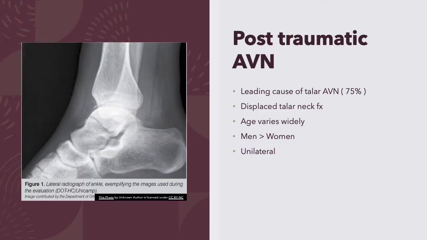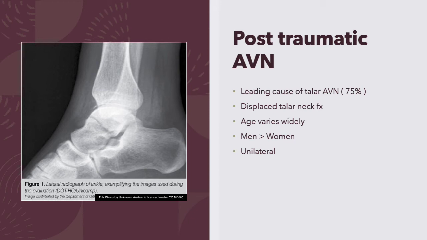The leading cause of avascular necrosis of the talus is post-traumatic and most often associated with a displaced talar neck fracture. However, other foot and ankle traumas, even more minor ones, can cause avascular necrosis of the talus. The age, because trauma is the primary cause, can vary widely, as you might imagine.